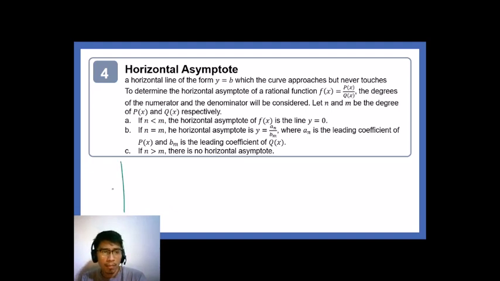So for horizontal asymptote, this is now the horizontal line. Okay, so it is now always touching the y-axis. Since it is always touching your y-axis, basically that is now in the form y is equal to something, or y is equal to any constant that you want.